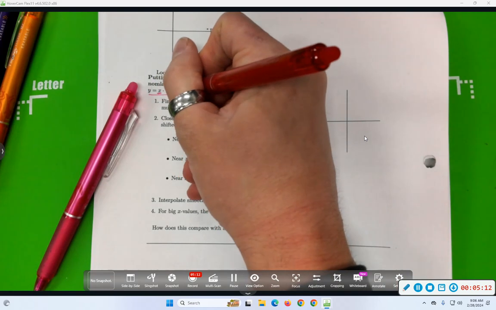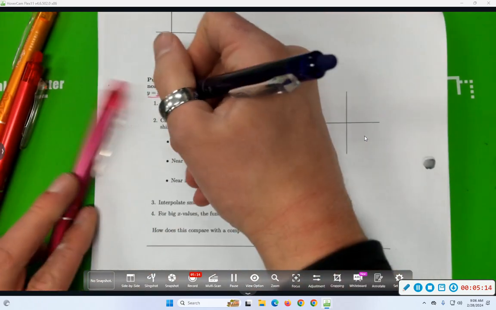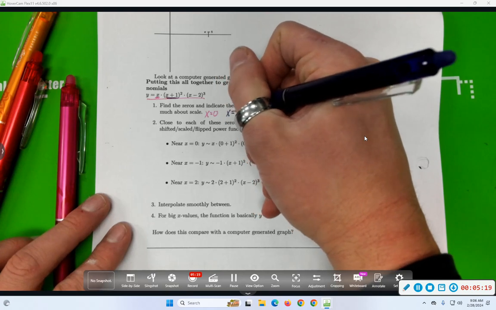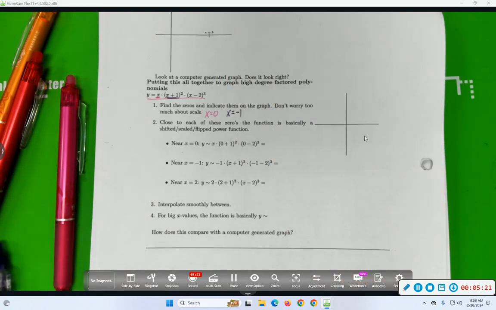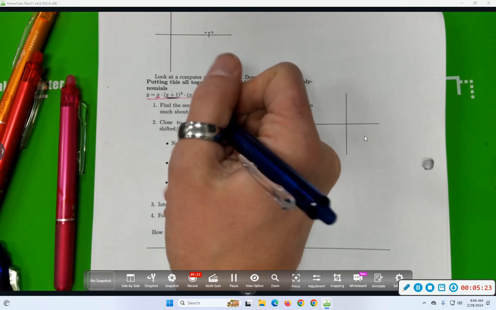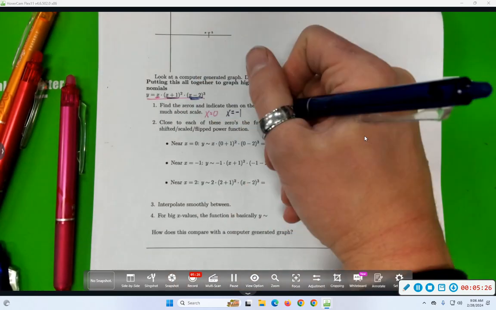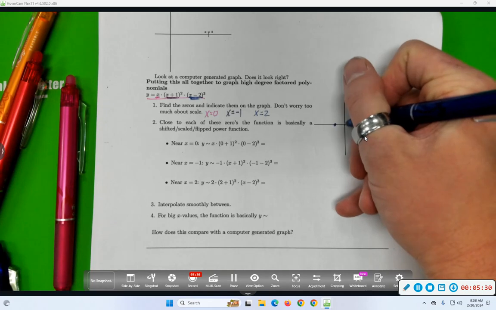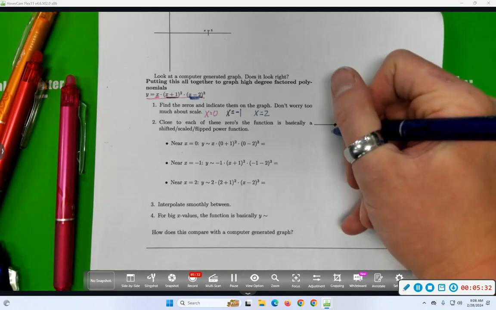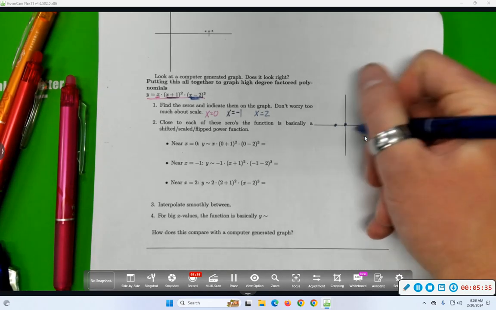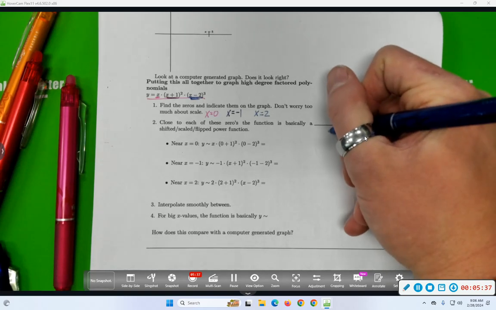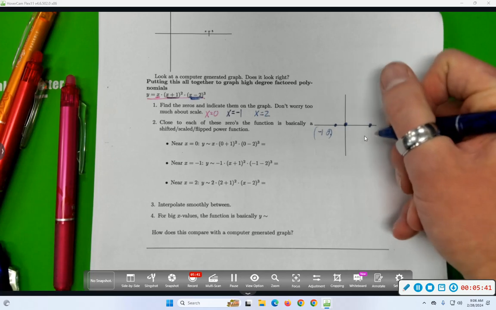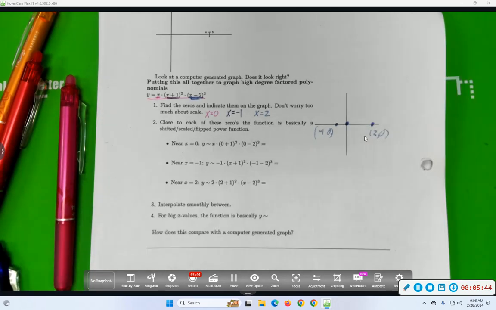I see this x plus 1 factor, so set that equal to 0 to see that x equals -1 is a root. And set this last piece equal to 0 to see that x equals 2 is a root. Let's label them. There's one at -1, 0. 0, 0 is obvious. 2, 0 is there. Cool.